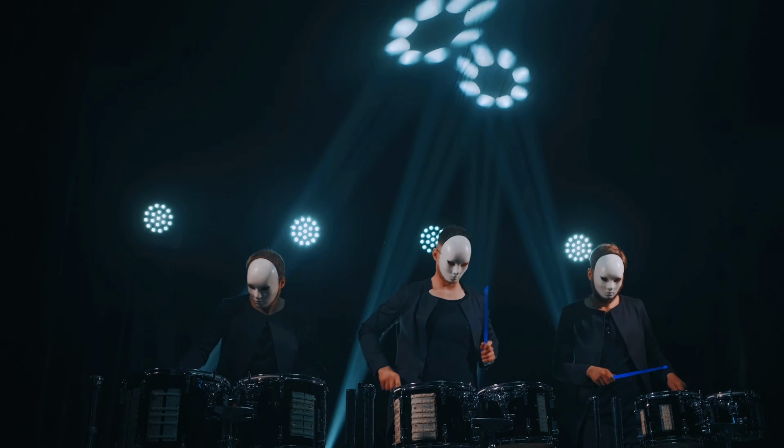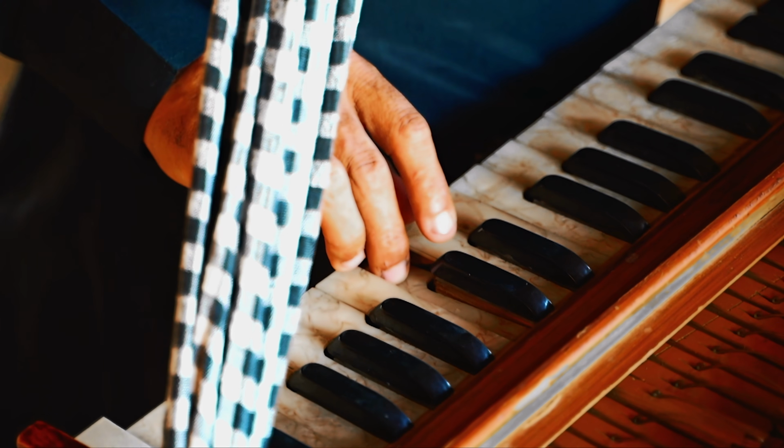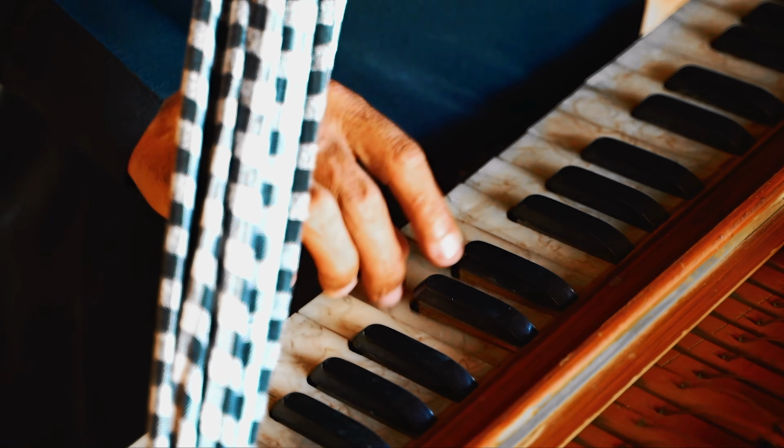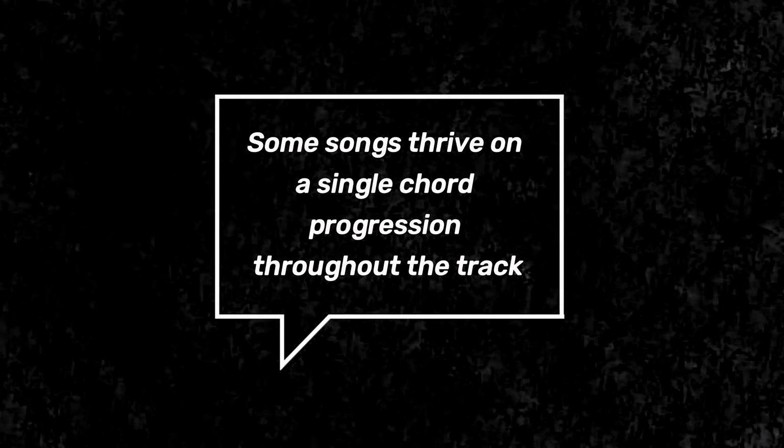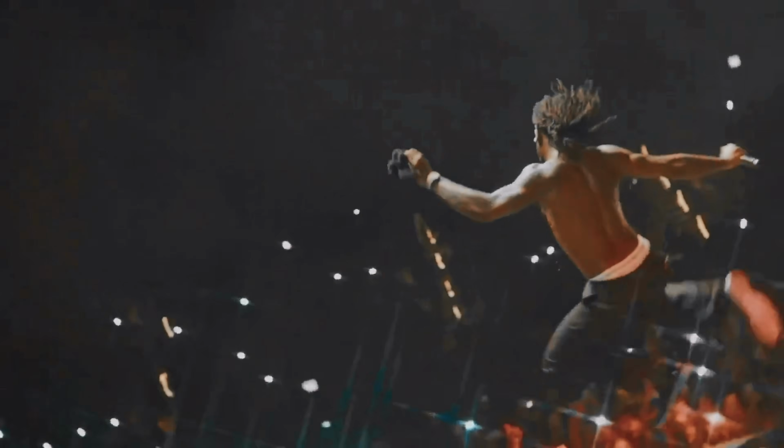When it comes to writing melodies that resonate with people, I've had my share of success, both with fast tempo and slow tempo. With that said, let's explore the captivating world of Afrobeats. Afrobeats often revolves around using a 2 chord progression in a 4/4 count, or even a 3 chord progression within the same count. Some songs thrive on a single chord progression throughout the track. We've seen examples of this simplicity leading to top charting hits with billions of streams.